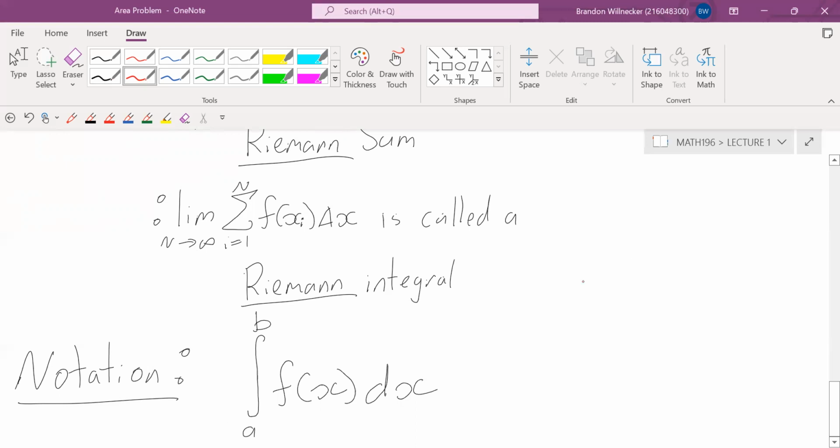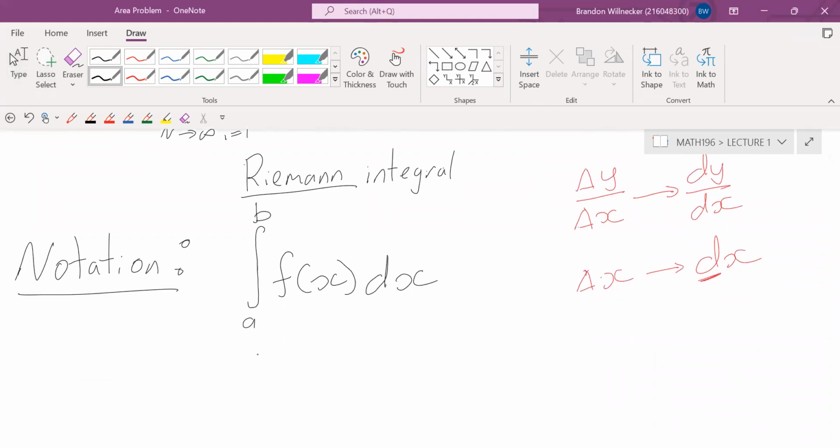So in differential calculus, you had delta y over delta x, and then that became dy over dx. Here, we take the same inspiration: delta x becomes dx. Same kind of idea. When we take the limit, the deltas turn into d's.